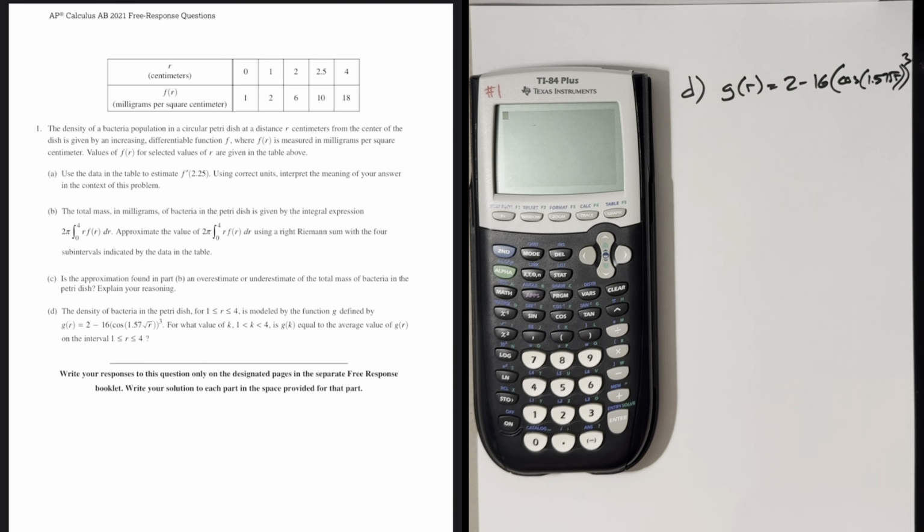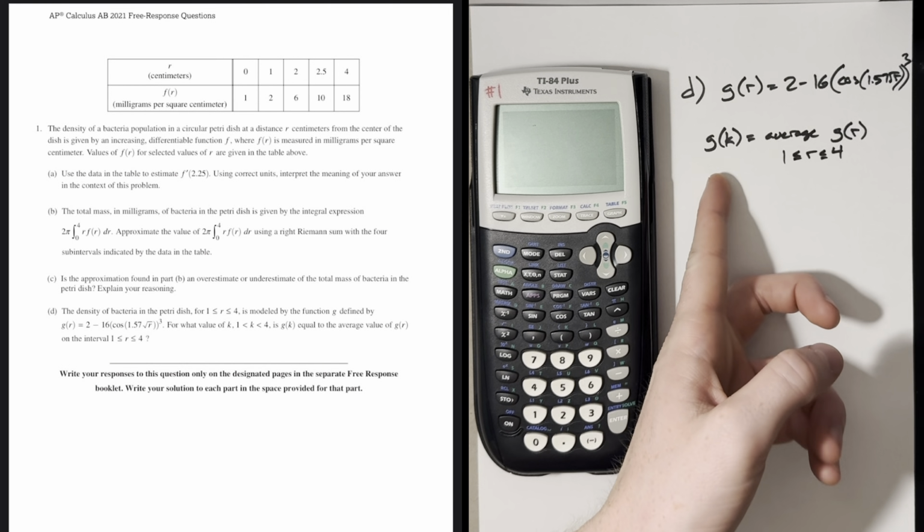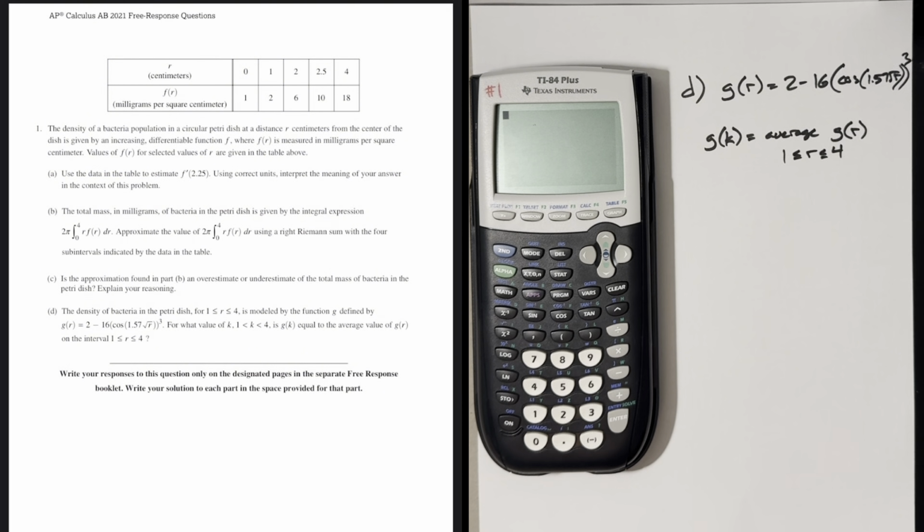Okay, so this is an intimidating function, but thankfully we have a trusty calculator by our side. It doesn't matter how ugly the function is. We're trying to figure out where g of k is equal to the average value. So first we can solve for the average value of this function.